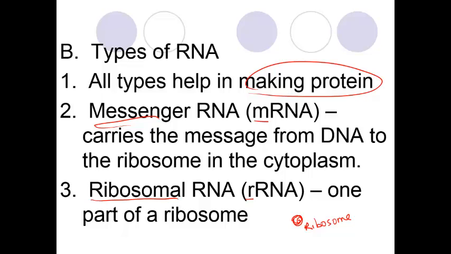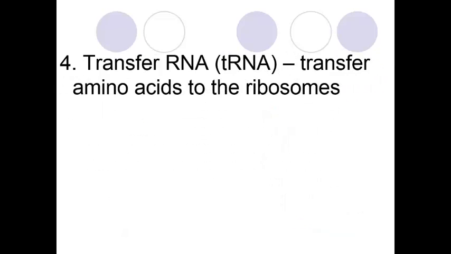That is ribosomal RNA. And then the third type is called transfer RNA. We'll abbreviate that with a tRNA. And its job is to transfer amino acids to the ribosome. Remember that proteins, if we look at the monomer, are made up of amino acids. So in order for a ribosome to make a protein, it needs to have access to amino acids to assemble that together.